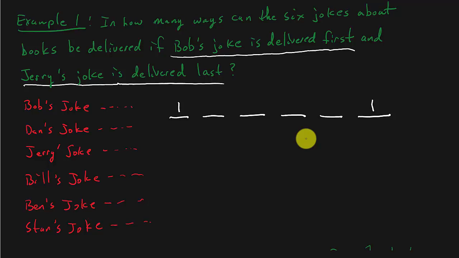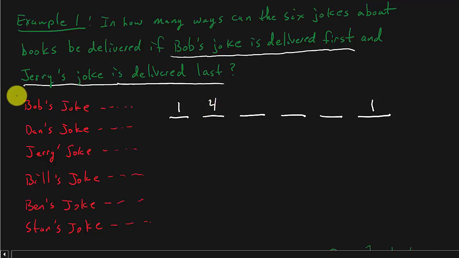So if I look here, how many choices do I have for the second joke? Well, I've got 4, don't I? There's 6 people total, but Bob has already told his joke and Jerry's not telling his till the end. So Bob and Jerry, I can't use those. I only have these 4 left to fill in here. So I had 4 choices here. How many choices do I have for this joke?